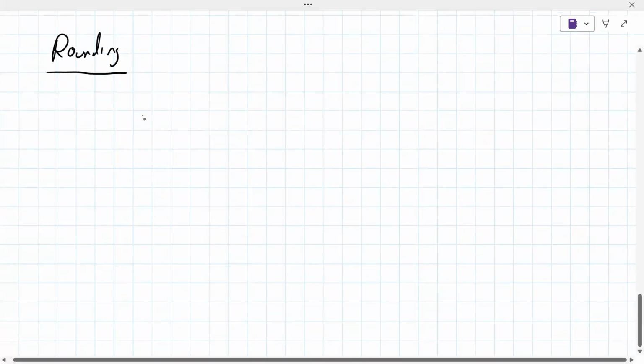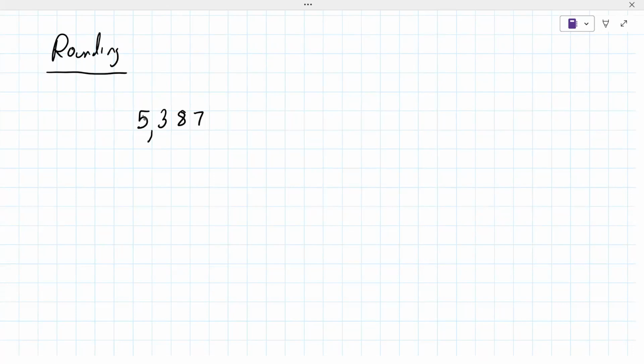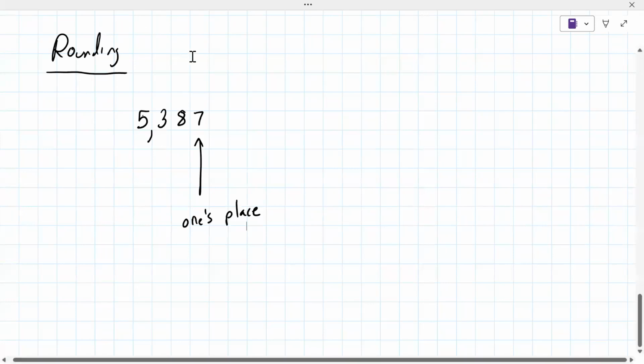So let's say I give you a number like this, 5,387. Do you remember the name of this digit right here, this first digit? It is in what's called the ones place. Have you heard of that before, the ones place? Yes. Okay.